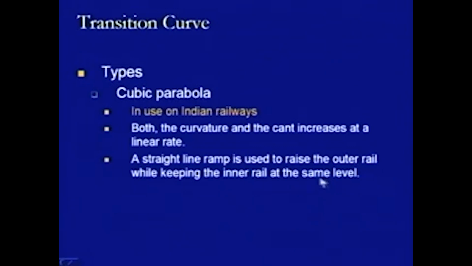So, in this, instead of providing a curved condition on the outer rail section, a straight line ramp is provided where the level of the outer rail is increased at a uniform rate because of the straight line condition, and this is how the cant is increased at a linear rate.